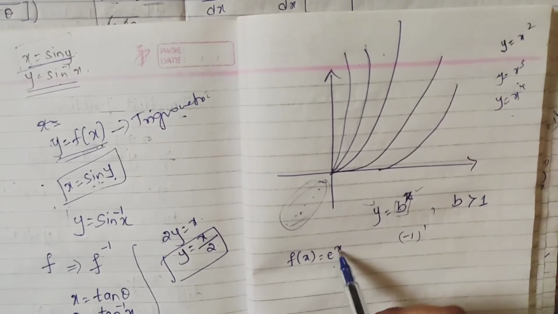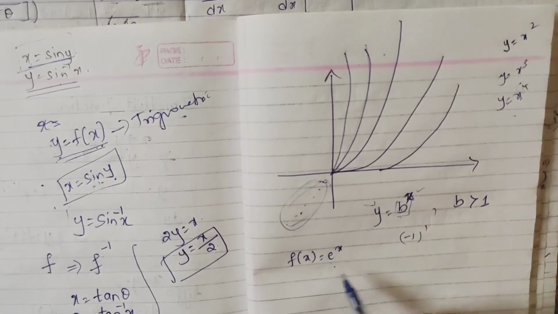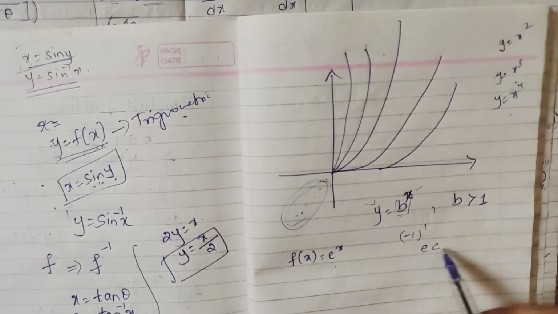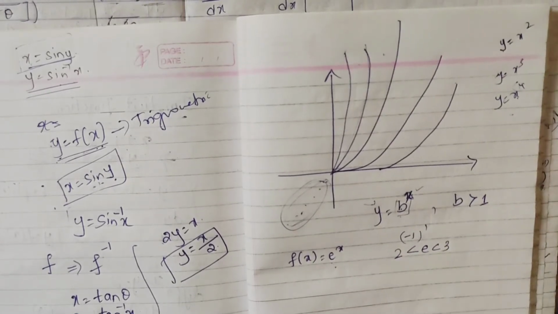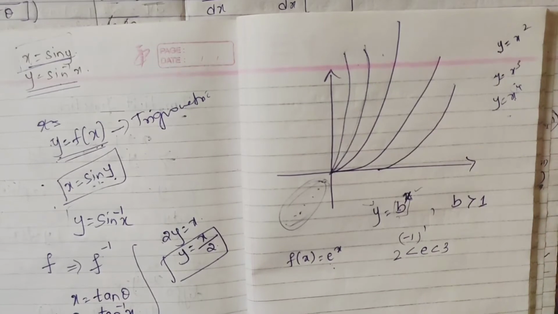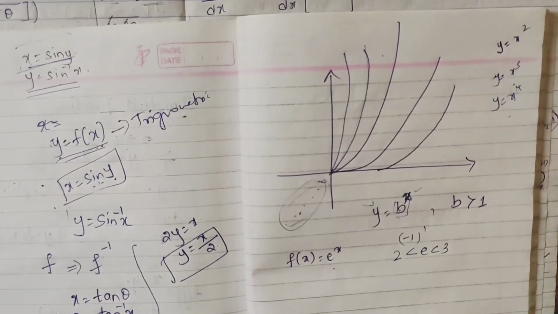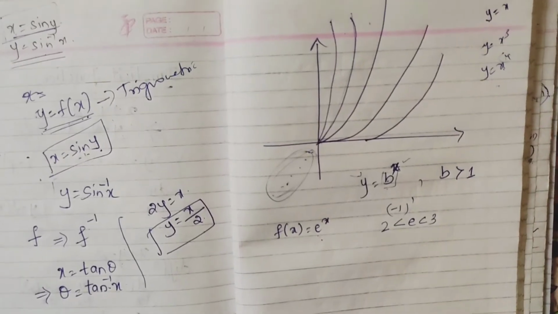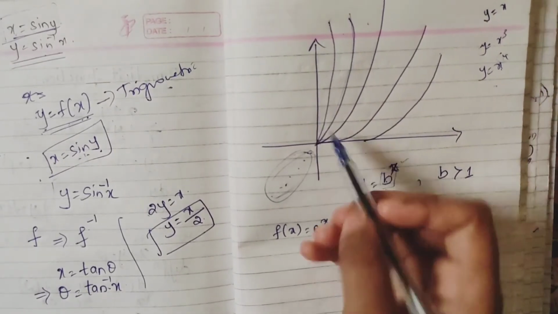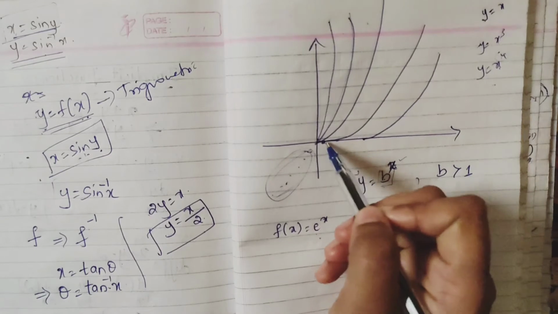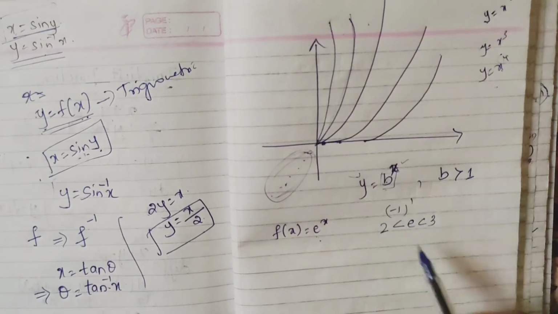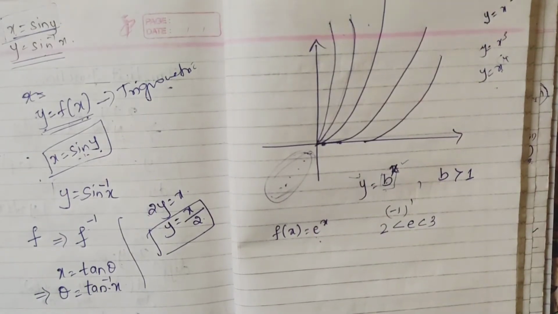Here it is e raised to x. This e value lies between 2 and 3, somewhat 2.7 something. I guess you have come across it in physics while doing experiments. So the e value lies somewhere between 2 and 3.